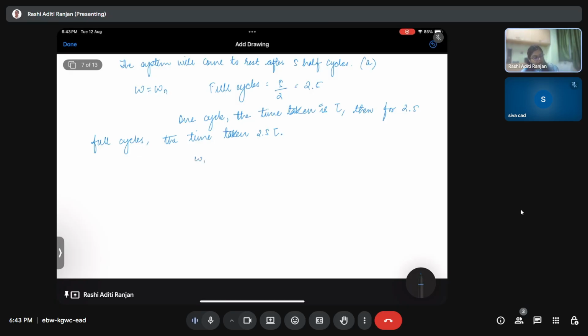Now for omega n, we need to use root of k by m, which is 10,000 by 20, which is root of 500, and it will give us the value.